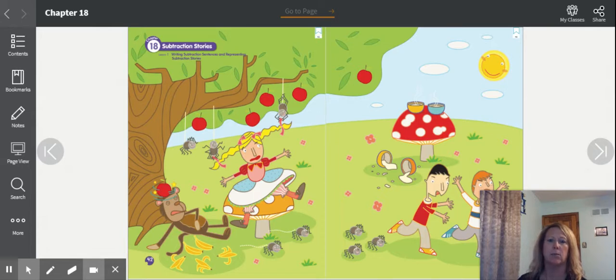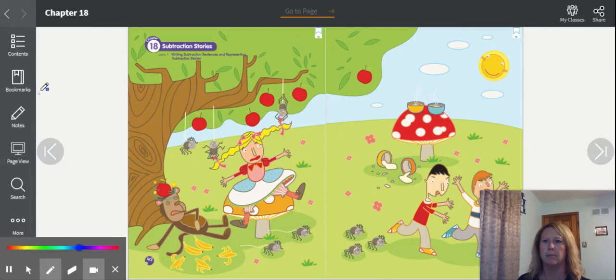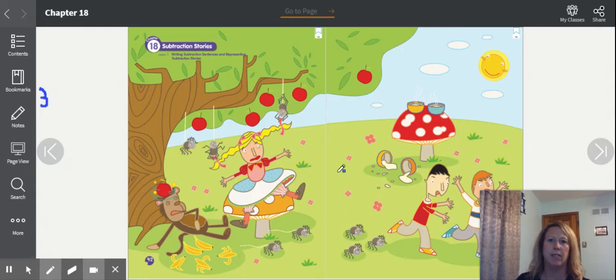For instance, when we look at all the children that are together, we see that there are 1, 2, 3 children all together. So I'm going to write the 3 over here. And we see that of these 3 children, 2 of them are running away.